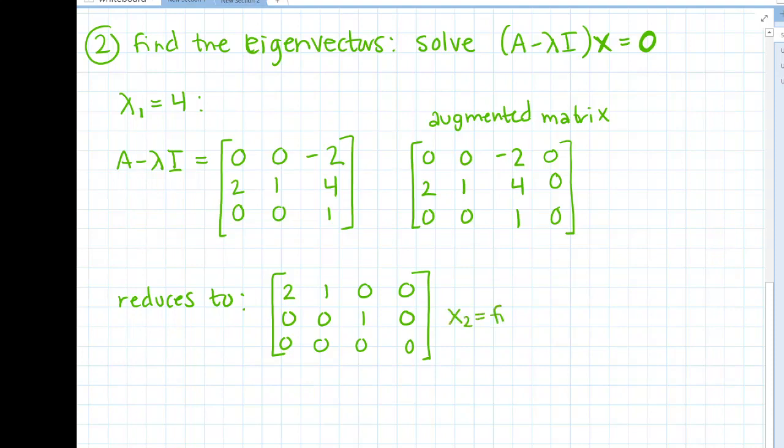So we can either say it equals free or that it just equals x2. If we look at x3, we have 1 times x3 is equal to 0, and so that tells us that x3 is equal to 0. And then if we look at x1, we can work out that x1 is going to be equal to negative 1/2 times x2.